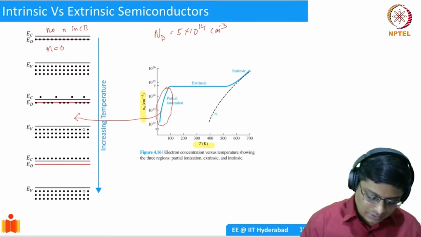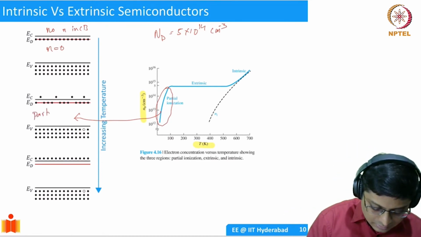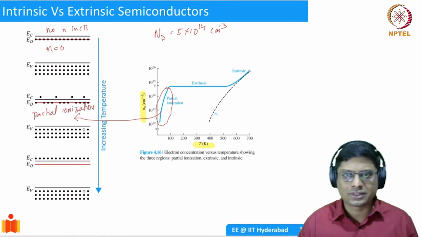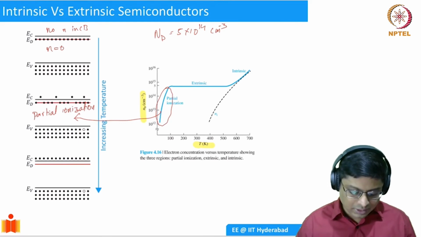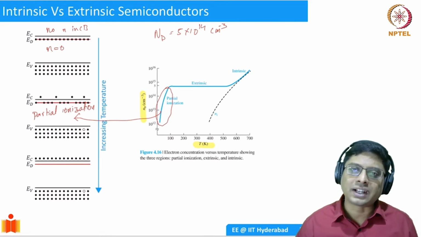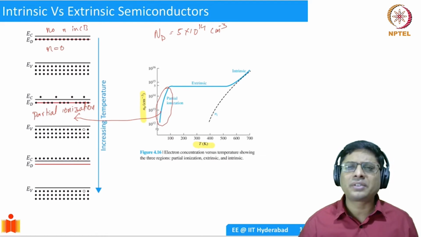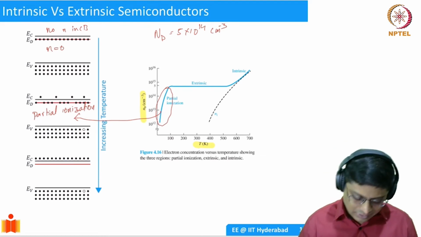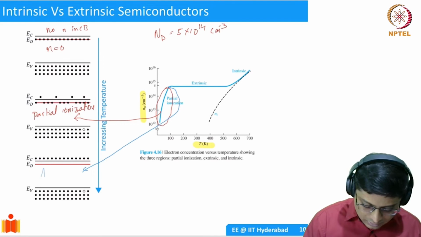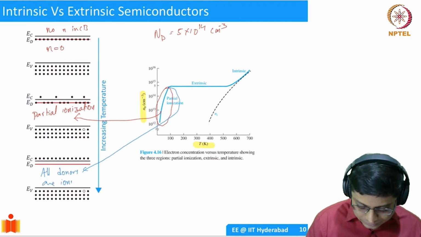This is what we talked about in the last couple of slides. At some point, all the donors are ionized, and you don't require a lot of temperature to achieve this.